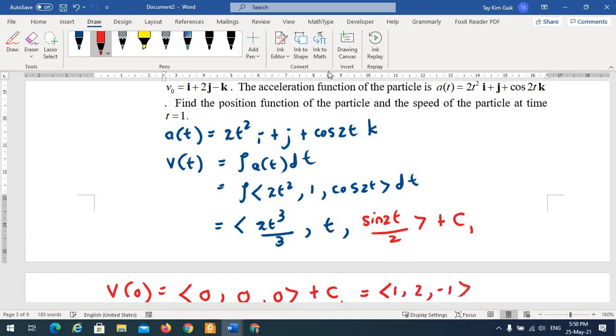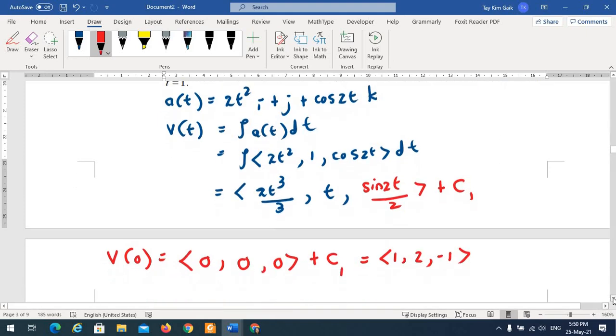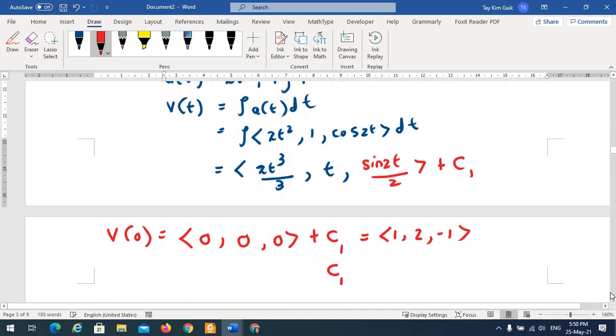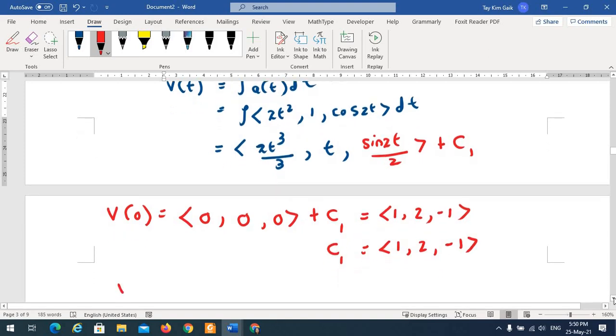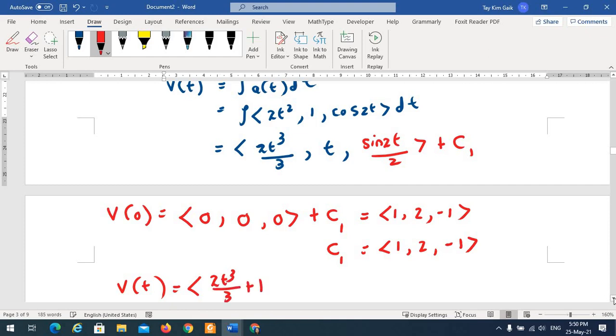Hence c1 is 1, 2, negative 1. So your v(t) adds up with c1: 2t cubed over 3 plus 1 for component i, t plus 2 for component j, and sin 2t over 2 minus 1 for component k. So this is v(t).